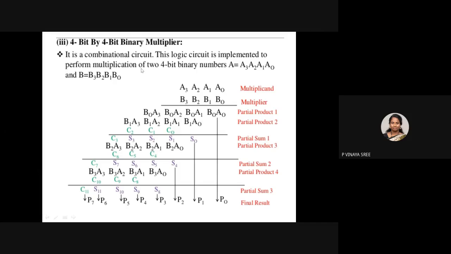So first we will construct these 4 AND gates. So B0 is common. B0 multiplied with all, so you will be having B0. So I'm starting with 4 AND gates. In that, B0 is common.